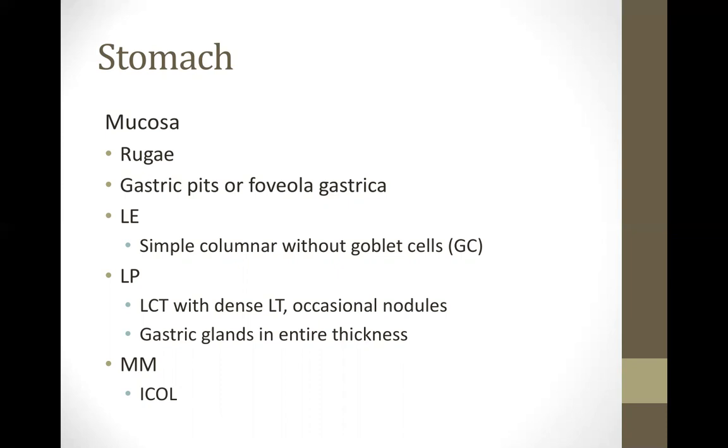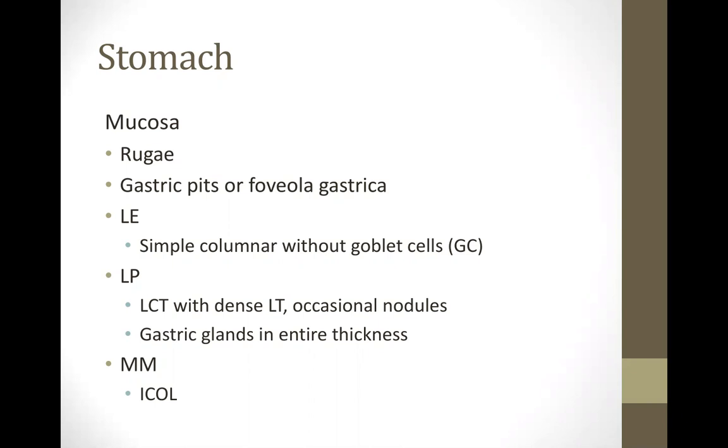From the stomach down to your large intestine, the lining epithelium is simple columnar. But for the stomach alone, it is simple columnar without goblet cells. But if you answer simple columnar, that's fine. Simple columnar without goblet cells, that's fine as well.